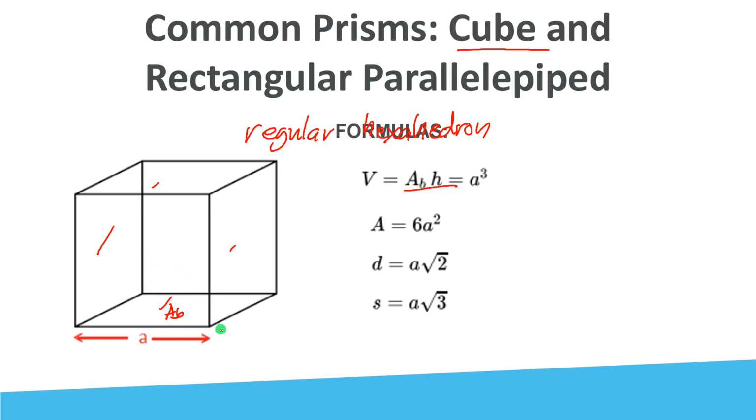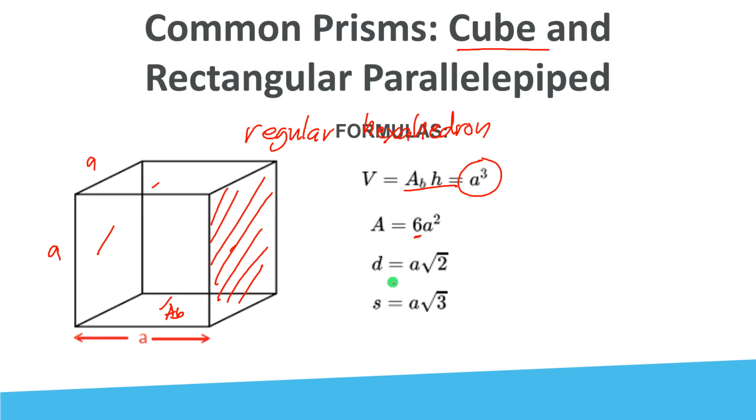If we assign A to one side, with all other dimensions the same, just multiply the length, the width, and the height, which is equivalent to A cubed. For the total surface area of the cube, just compute the area of one face: length times width, A times A, we have A squared, and multiply it by the number of sides, which is 6.